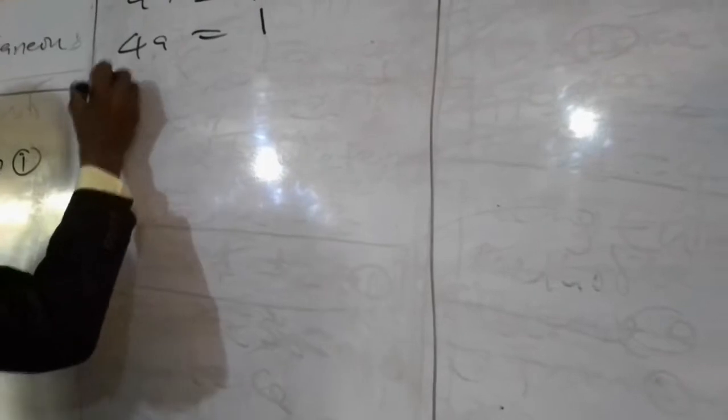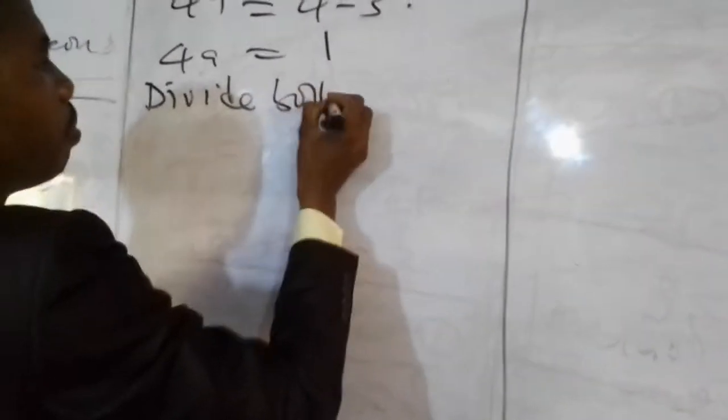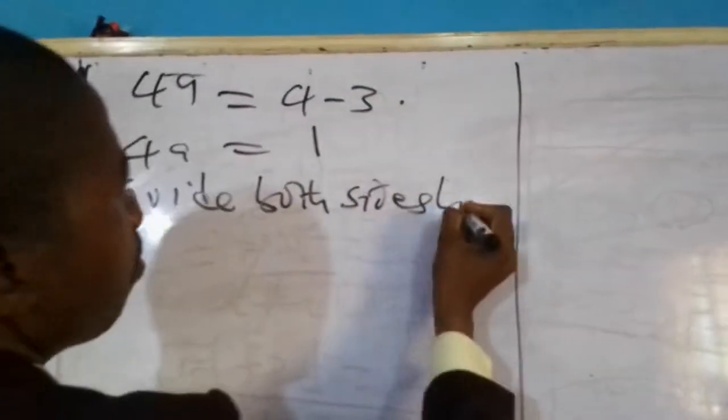We divide both sides by 4, because we are looking for A.